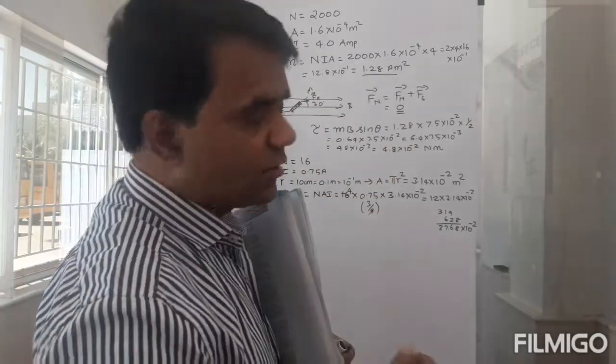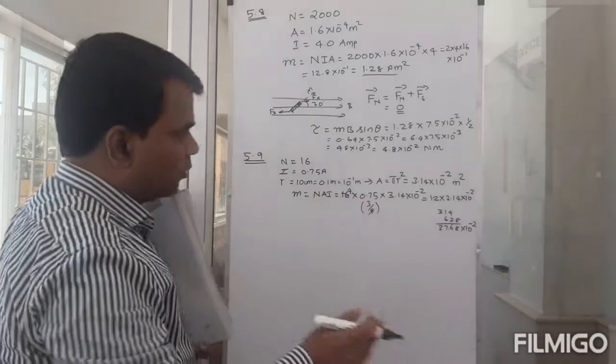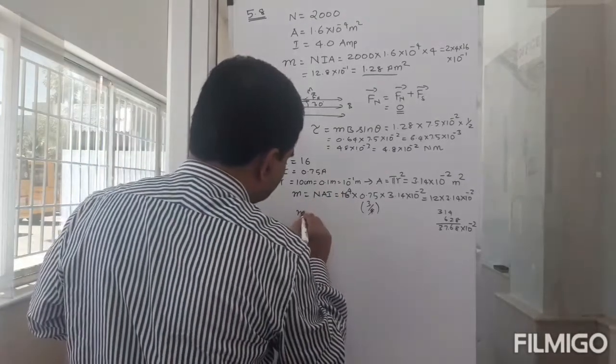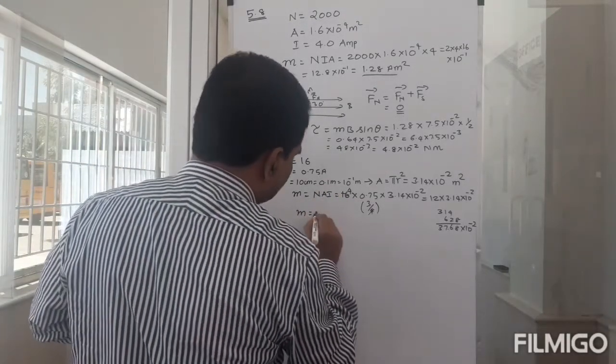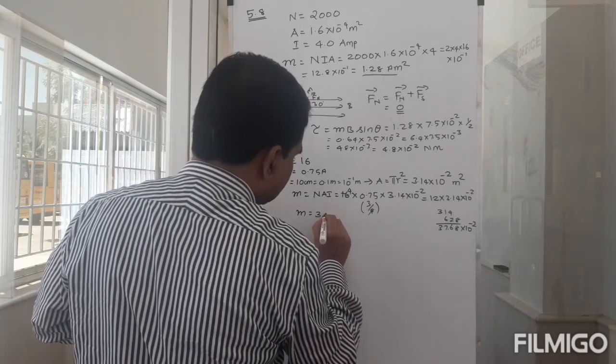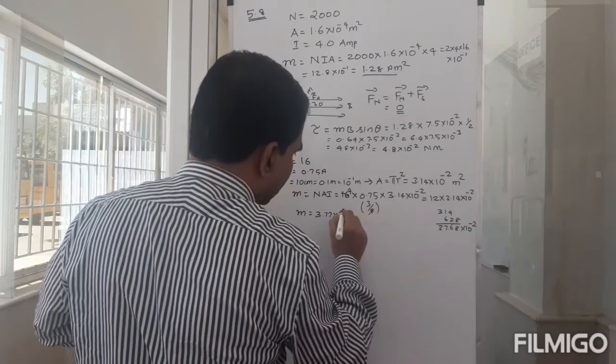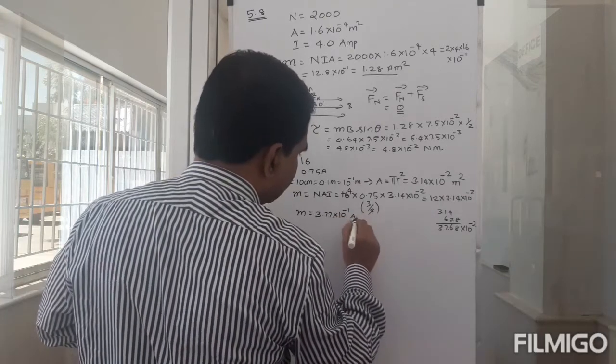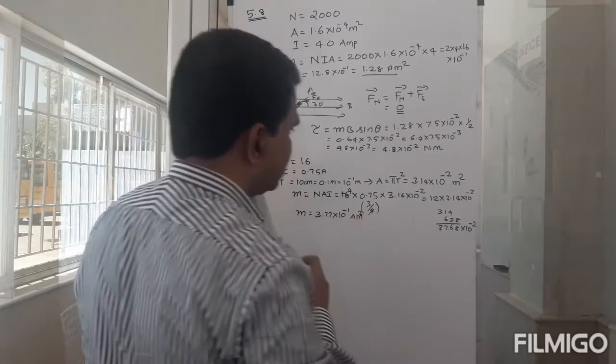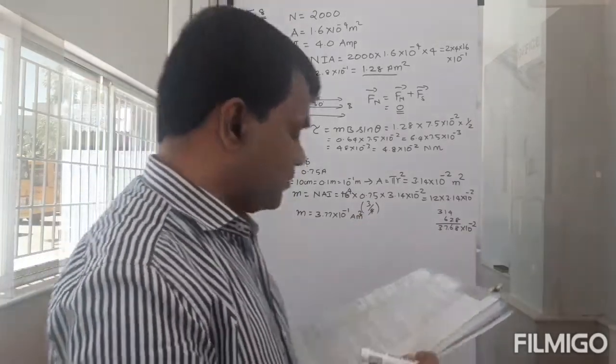So that's the magnetic dipole moment of this coil. M can be given to be 3.77 into 10 power minus 1 ampere meter square. So this M is given.